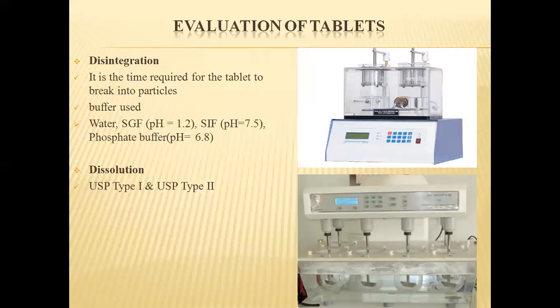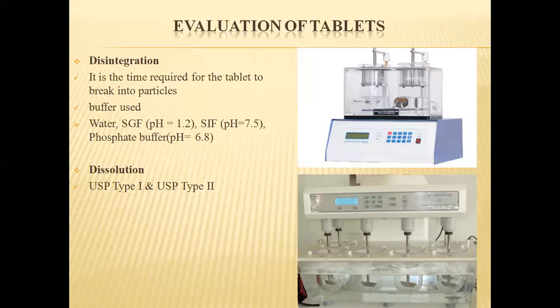Generally, it is simulated gastric fluid, and then the medium can change depending on the experiment. It can also be simulated intestinal fluid or phosphate buffer having pH 6.8.